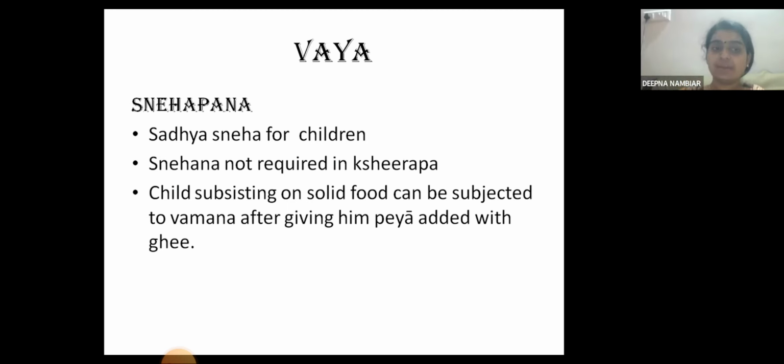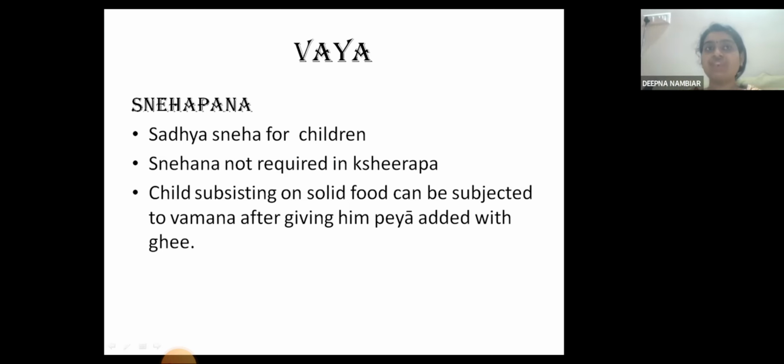In the case of snehapana, sadyah sneha is given in children, and usually in kshirapa, snehana is not required. Their kshira is taken daily, so prior snehapana is not required in these children. And in the case of kukunaga, which is a disease of children according to Acharya Vagbhata, when shodhana is necessary, no snehapana is necessary.